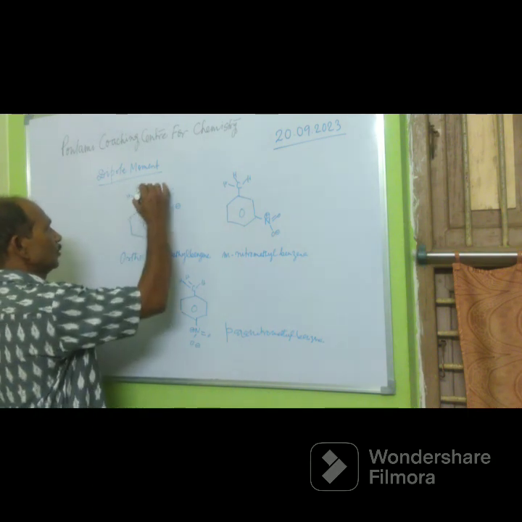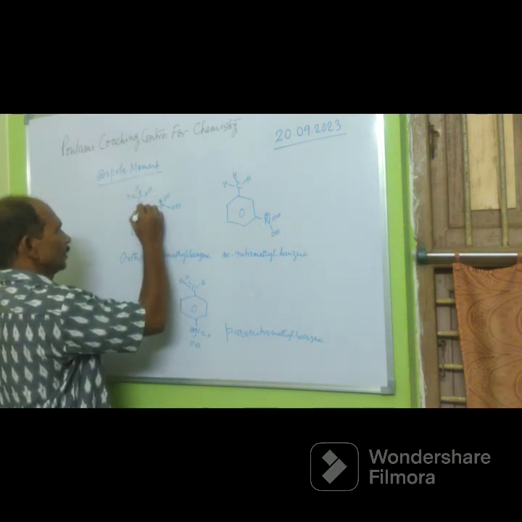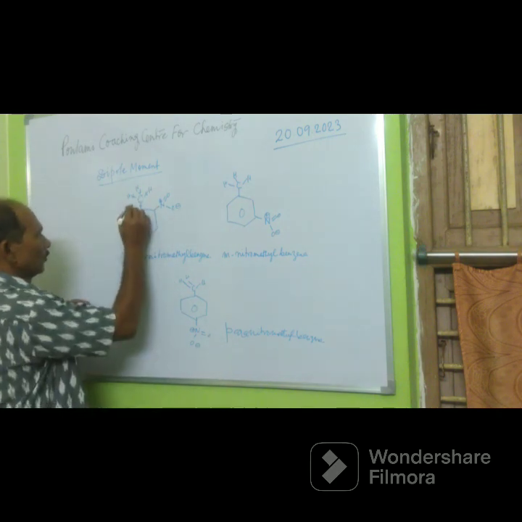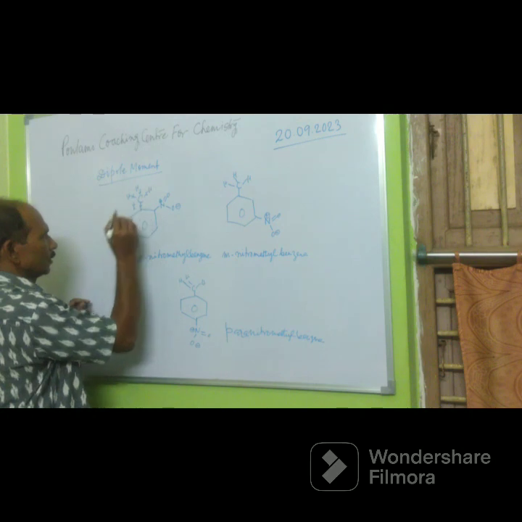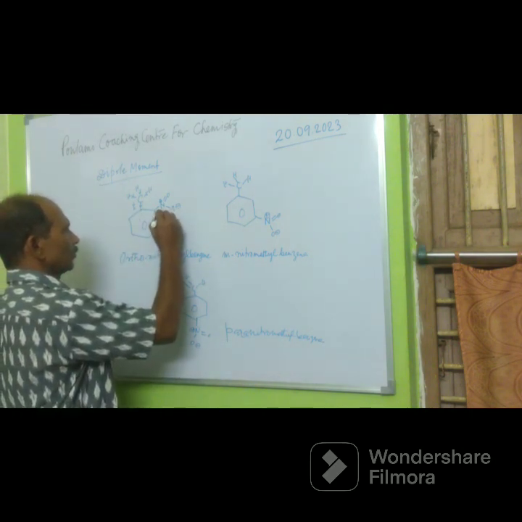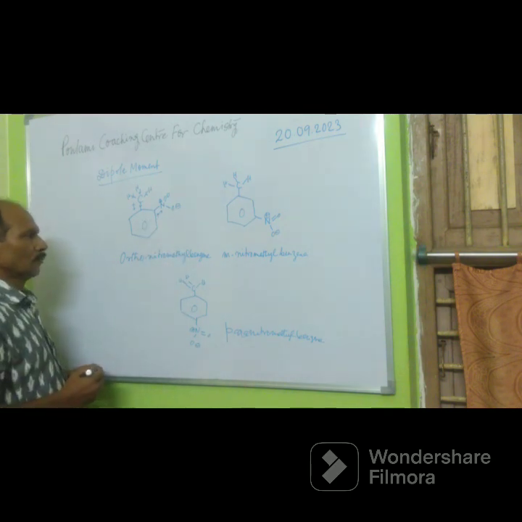The moment due to the methyl group, due to the inductive effect, through this bond, is directed towards this direction. For the nitro group, as it is an electron withdrawing group, the moment acts in this direction.